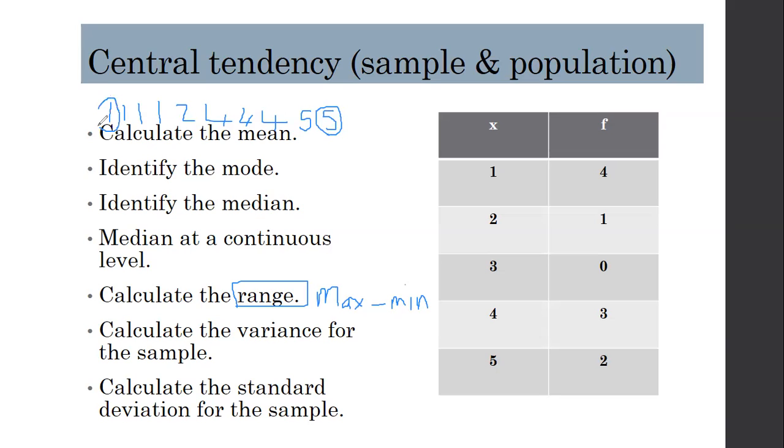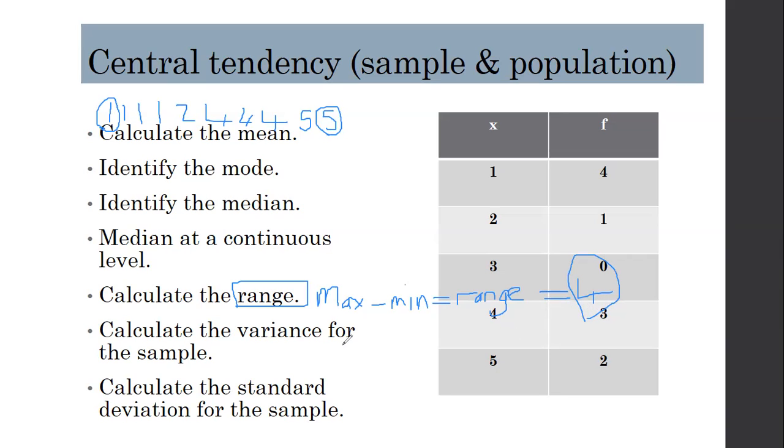That is the range. It's rarely reported in statistics, but it actually shows that we have a problem here. Sometimes it is reported in relation to the mean, like it should not be double the size of the mean. You can read that somewhere. But what I want us to know in this exercise is how to calculate it. So it's 5 minus 1. The answer is 4. That is the range.